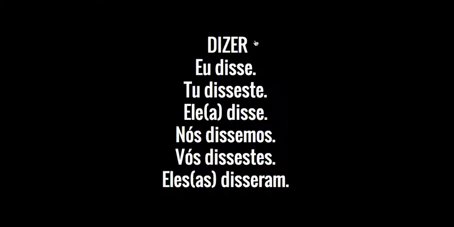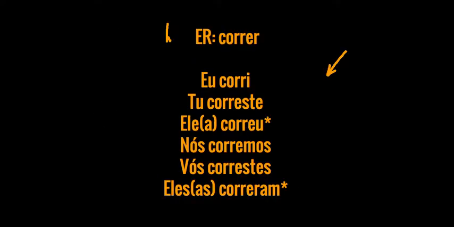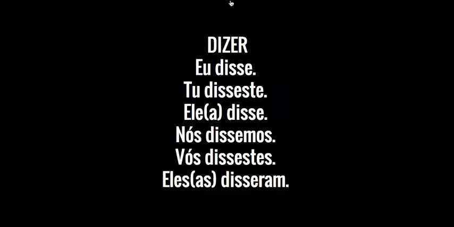Verb dizer. For example, we had here the verb correr. Then in the first person singular we had eu corri. But then when we come to the verb dizer, then we have a different structure. Eu disse. So to say, dizer.